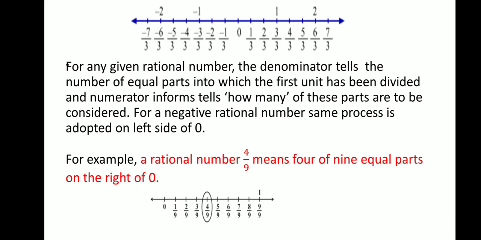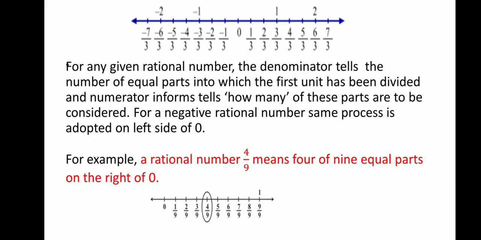For example, if I need to represent 4 by 9 on the number line, the numerator, 4, tells how many parts are to be considered. Out of 9 parts, I need to consider only 4 parts. The denominator, 9, tells into how many equal parts I need to divide the first unit. So 4 by 9 will lie between 0 and 1.